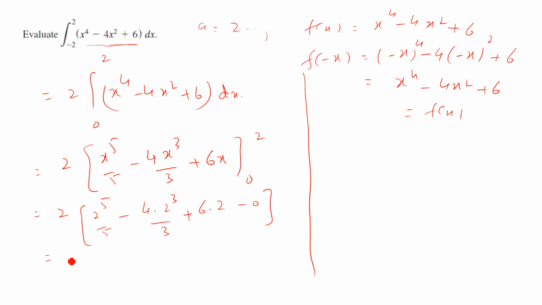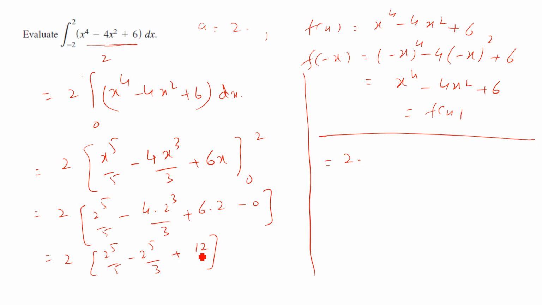So this is equal to 2 times 2 to the power 5 over 5, as it is, minus 2 squared into 2 cubed, it is 2 to the power 5 over 3, plus 12, that is 2 squared multiplied by 3.